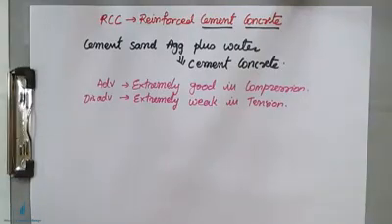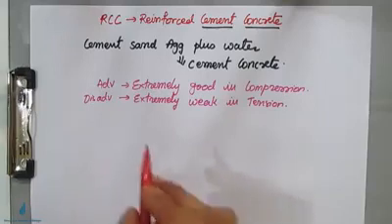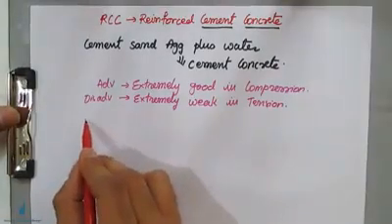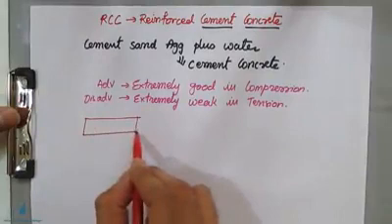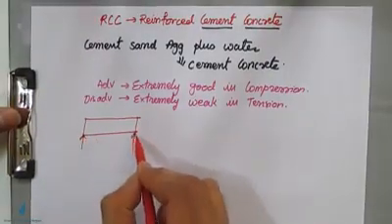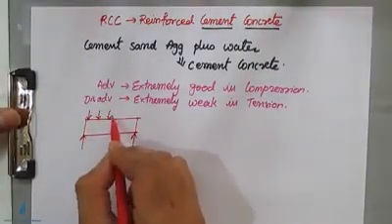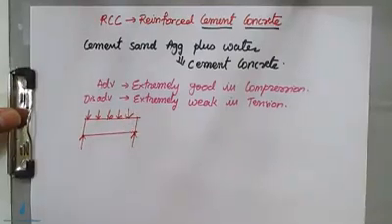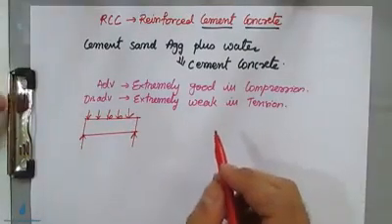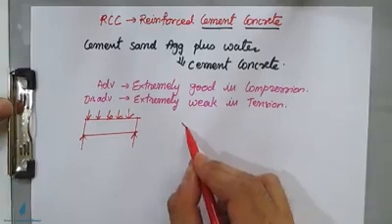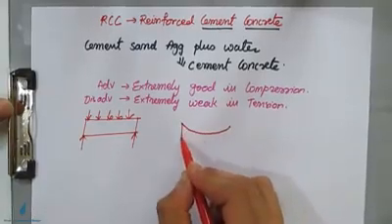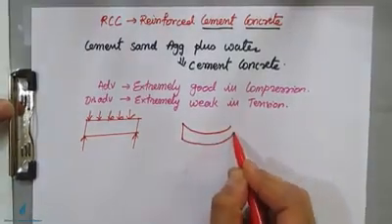I will explain by taking the example of a beam. Suppose this is your simply supported beam, undergoing some loads like this. Next, it will have a bending pattern like this. It will bend like this, right?